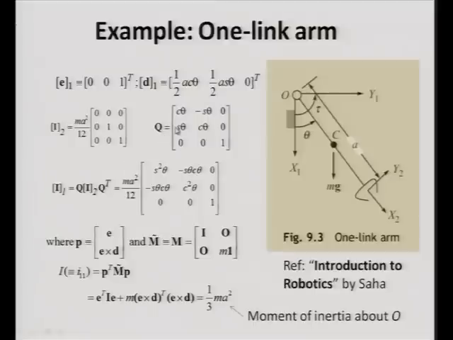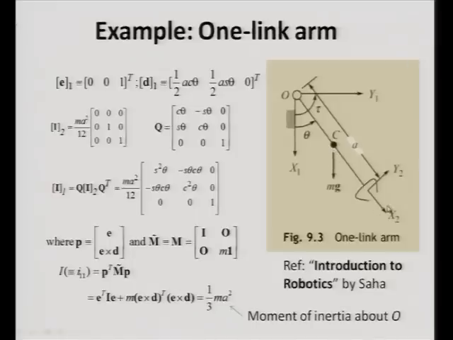Now, why do I need to use the Q? In this planar case it will be very simple, not required, but in order to complete the method, I have chosen a frame 2 here, but all my calculation I wanted to do in frame 1, because I have chosen E in frame 1 and D in frame 1. So, I need to convert it, the I represented in 2 I wanted to convert into 1, and for that the transformation formula is Q, the rotation matrix, multiplied by this representation and the Q transpose.